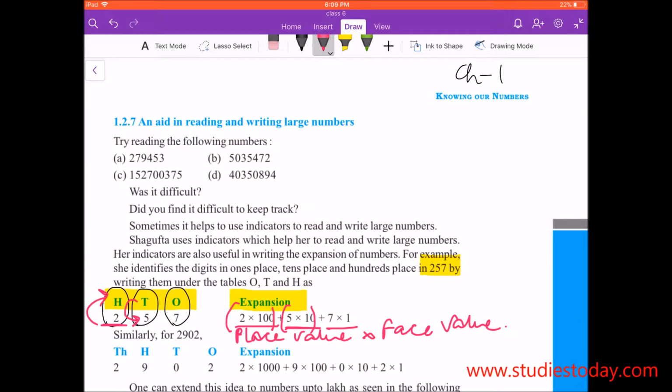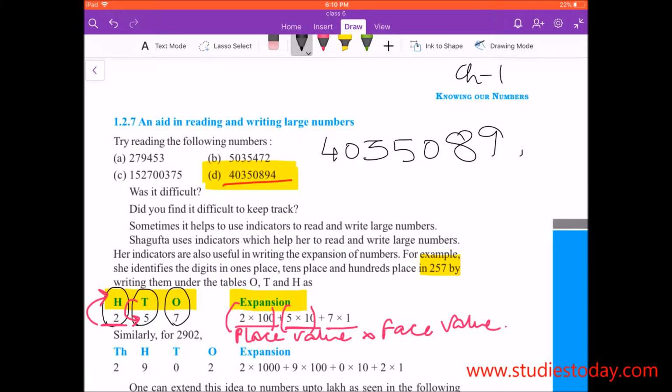So now it is clear to you that if I take any large number, to read the large number I should know the concept of expansion, which you have done in your previous class. Now if we observe the number written in the D part, it's certainly a very large number, which if we put commas will be easier to read. Like I write this number again, 4035 0894.